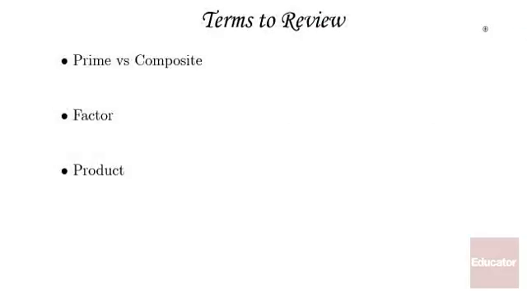So before we begin, let's go over some terms. Prime and composite. A prime number, we know, is a number that has no factors besides 1 and itself. So, for example, the number 5 only has the factors 1 and itself, so that is considered a prime number.